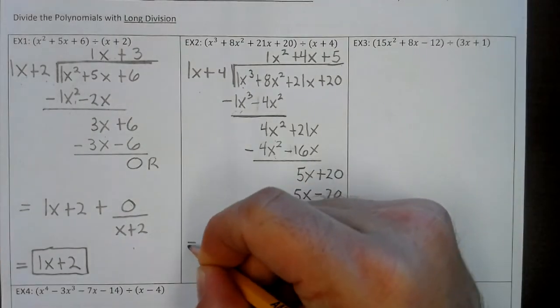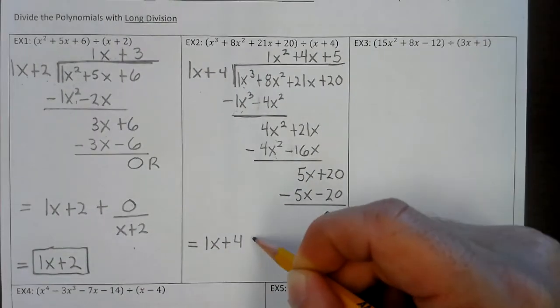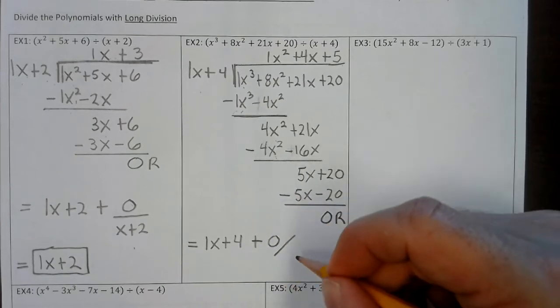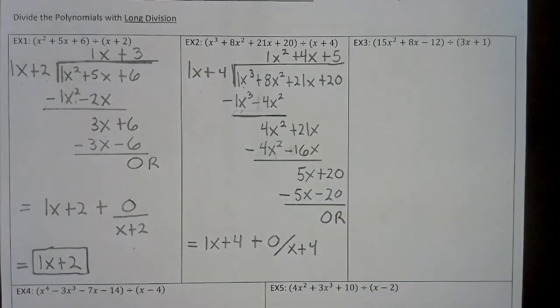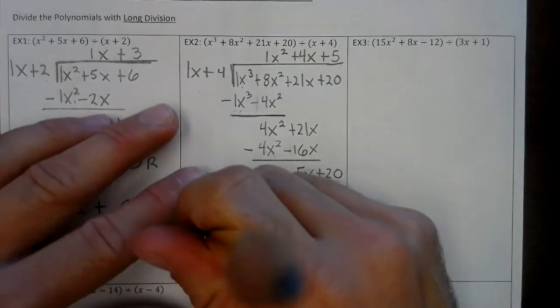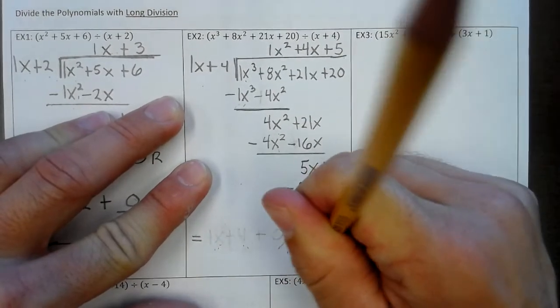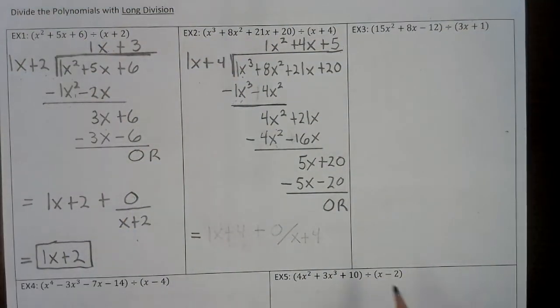So that equals 1x plus 4 plus 0 divided by x plus 4. Oh, I was about to make a mistake. Whoa. I'm sorry, all of you out there. That was craziness.